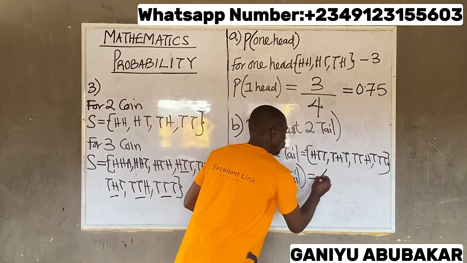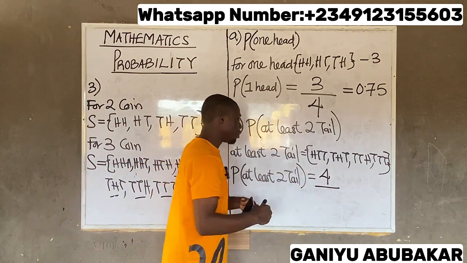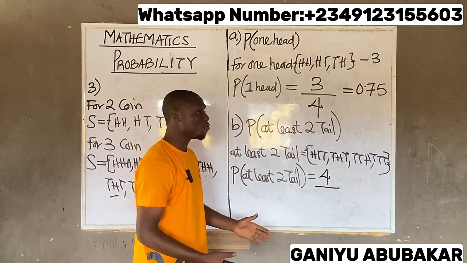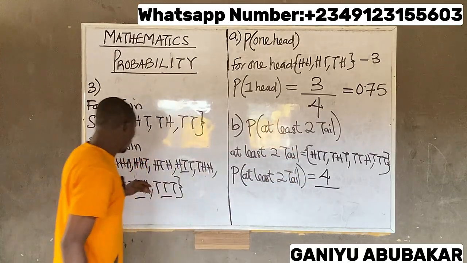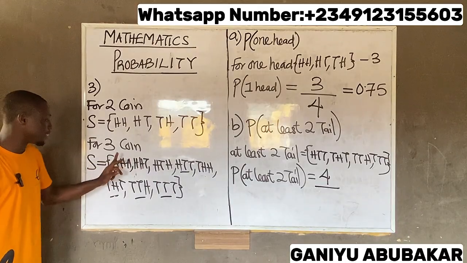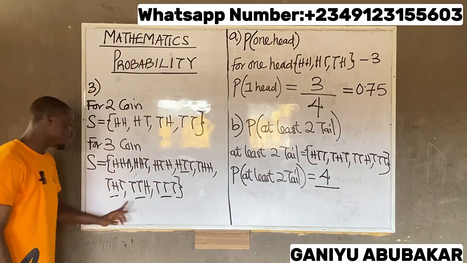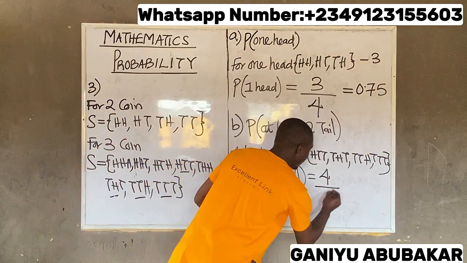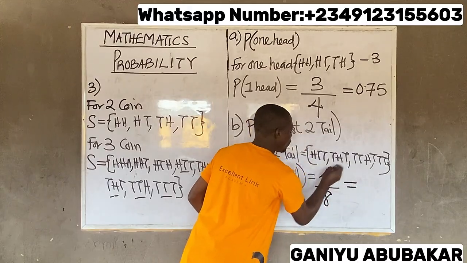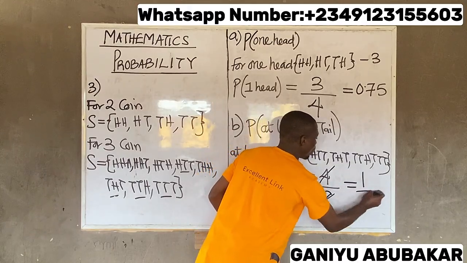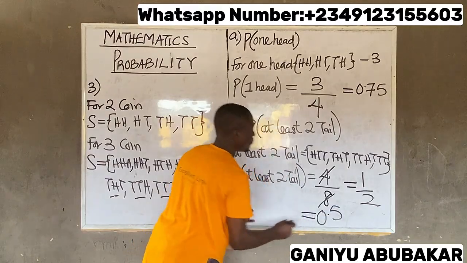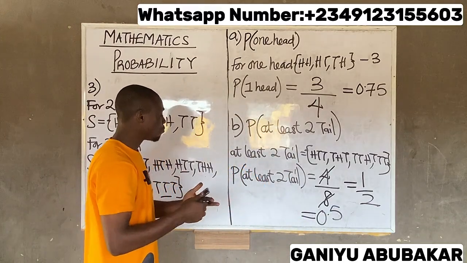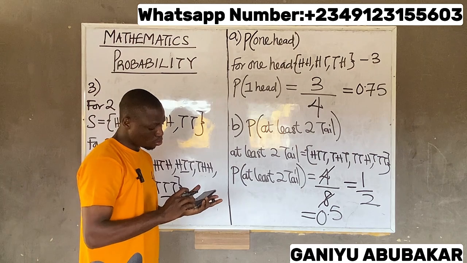That's 4, all over the total outcomes, the sample space for three coins, which is 8: 1, 2, 3, 4, 5, 6, 7, 8. This gives you 4 over 8, which is 1 over 2, and my answer becomes 0.5. That is how you solve question B.